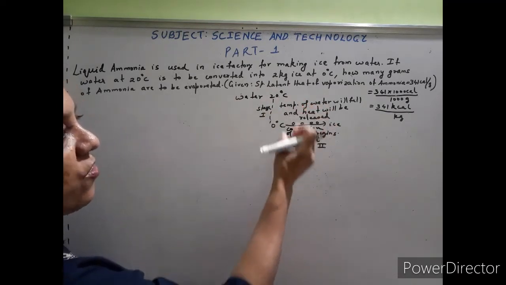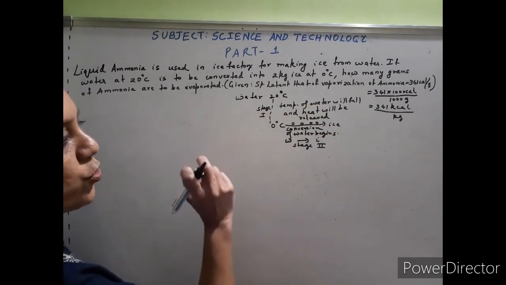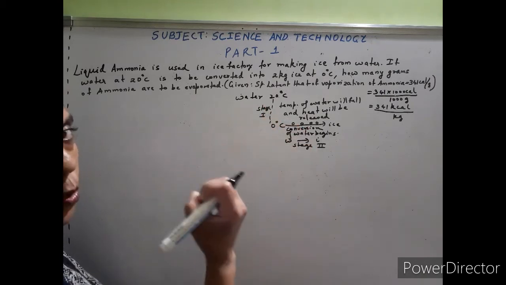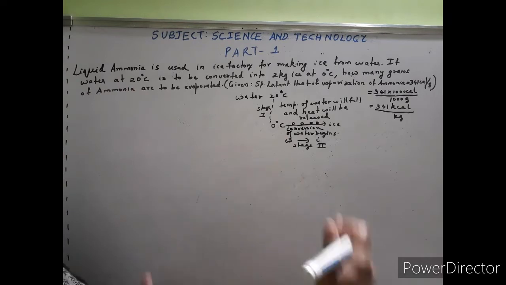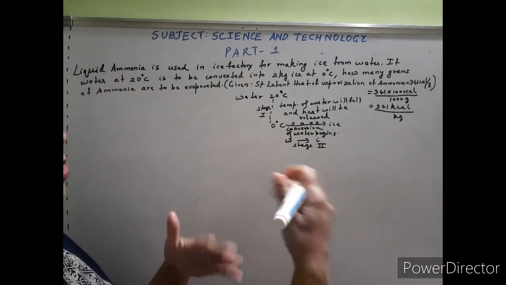अब जो ये हीट रिलीज हो रहा है स्टेज 1 में और स्टेज 2 में, that heat will be absorbed by liquid ammonia and it will get converted into gaseous state.